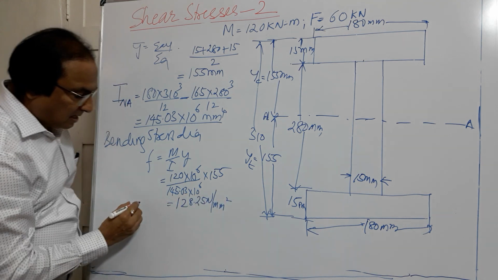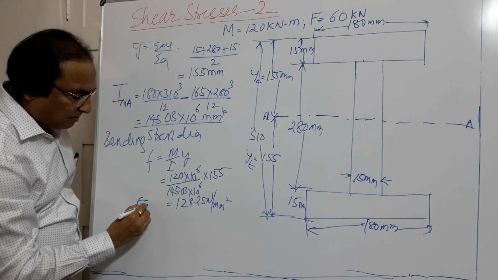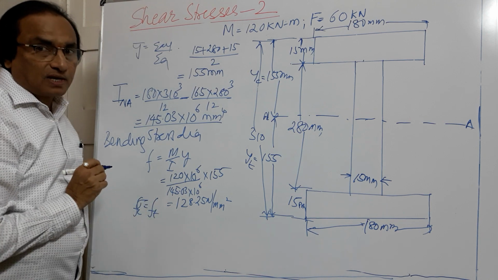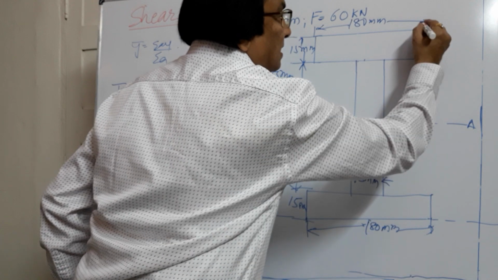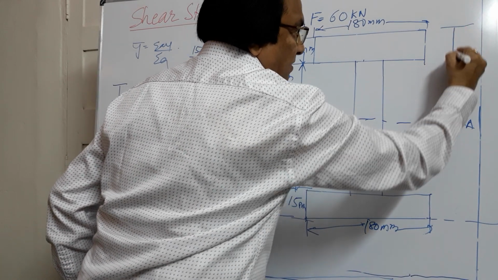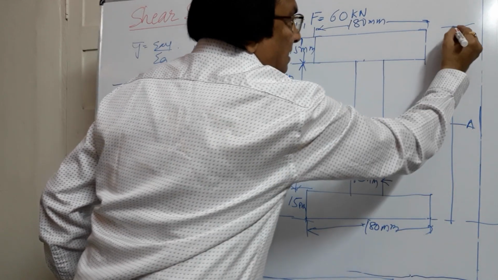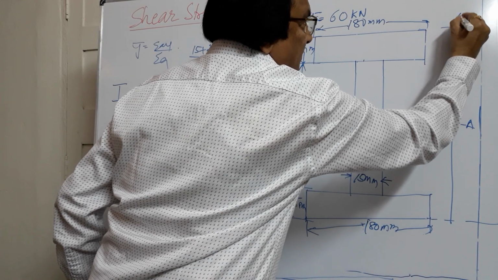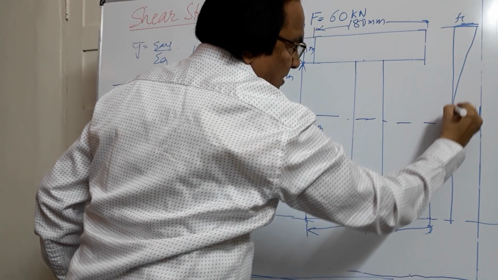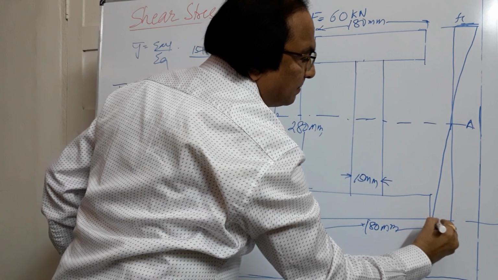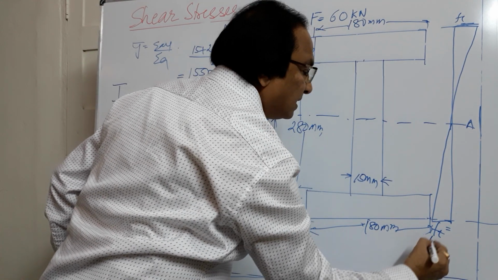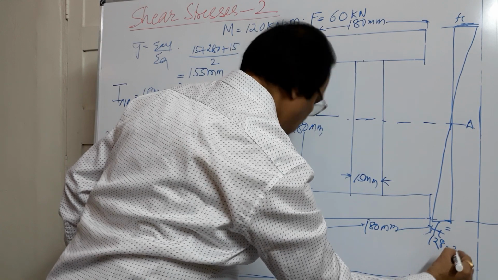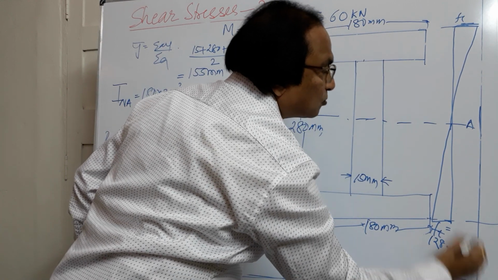Since it is symmetrical, Fc will be equal to Ft. If I draw the bending stress diagram here, this is the bottom fiber, this is the top fiber. This is the compressive side, Fc, and it is 0 at the neutral axis, then it will come here, this will be Ft. So this will be equal to 128.25 Newton per mm square.